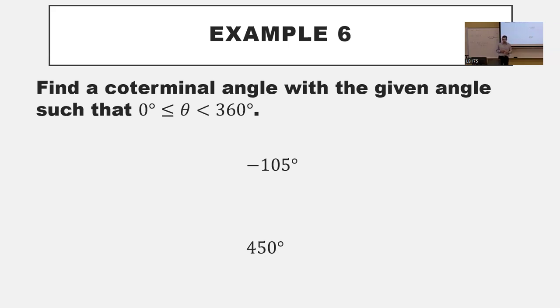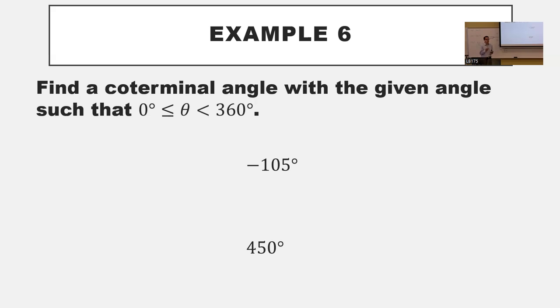So for instance, this says find the coterminal angle of the given angle such that the angle that I'm finding is between 0 and 360 degrees. So if I take negative 105 and add 360, I get 255 degrees.